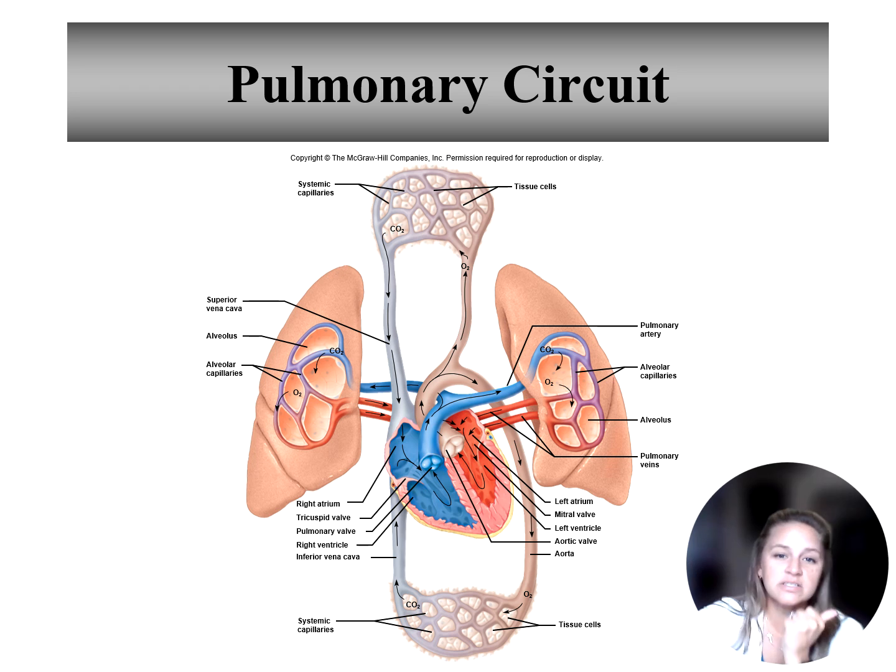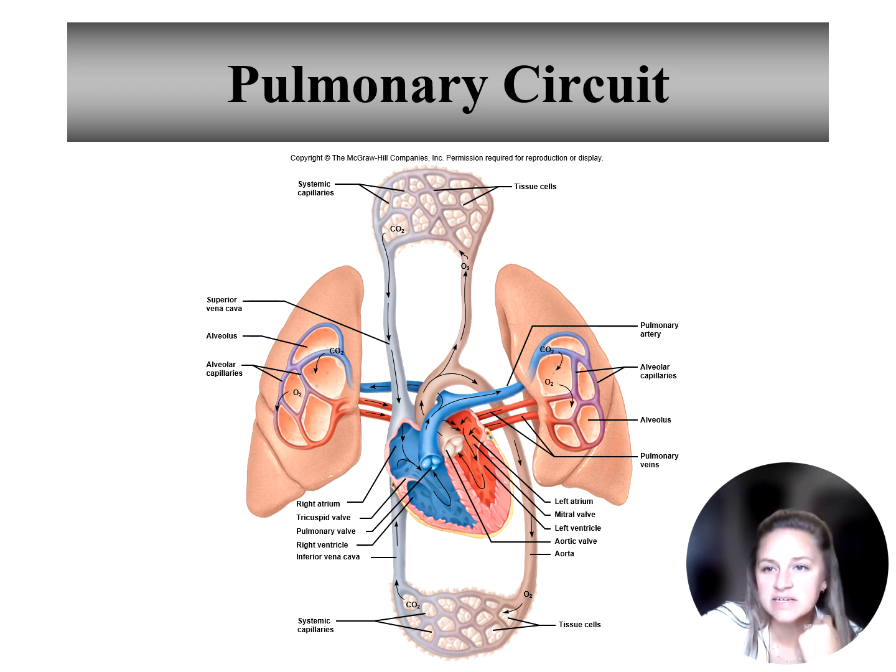So the pulmonary circuit, again, is going between the heart and the lungs, where we are exchanging carbon dioxide right here for oxygen right here. And now the oxygenated blood is returning to the heart.